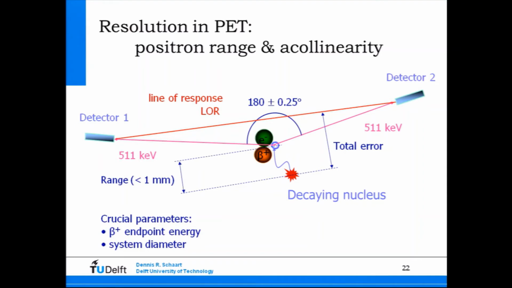Now, if we want to do small animal PET, we have to worry again about resolution. And in PET, there are some factors that contribute to the resolution, and some very fundamental ones are indicated in this slide. First of all, the positron needs to travel a little bit in order to cool down, to lose its energy until it is almost at rest, and only then it can annihilate with an electron.